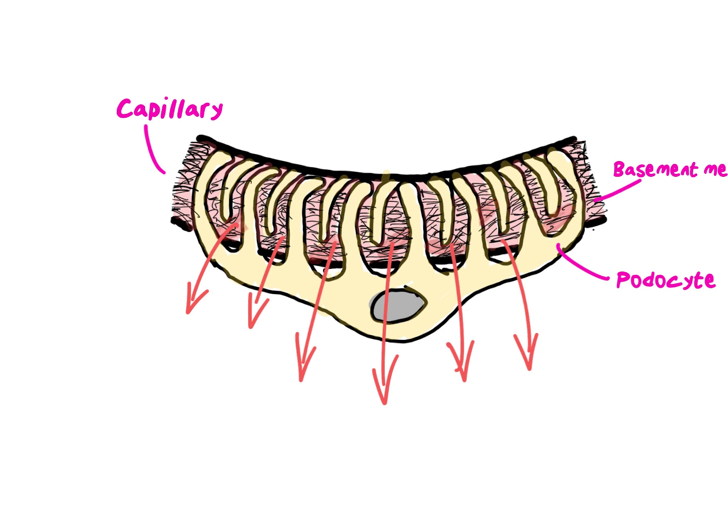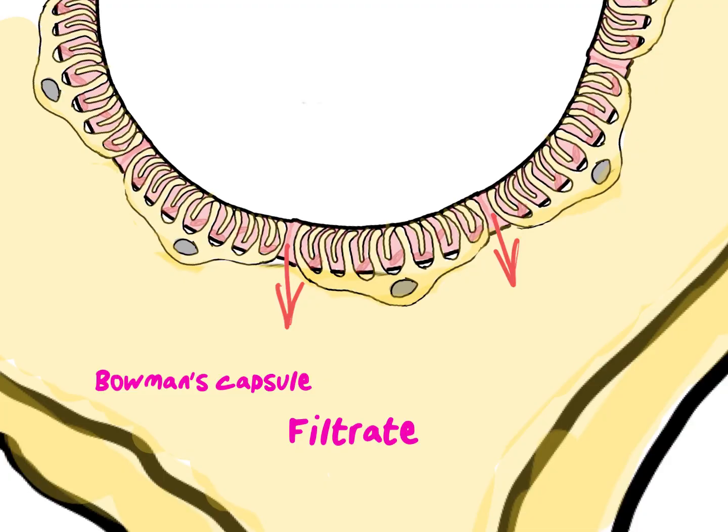We can see here the basement membrane, so that's the collagen fibers between the podocytes and the capillary wall. Here we have the overall structure. We've got the arrows representing the movement of the plasma out of the blood into the Bowman's capsule.